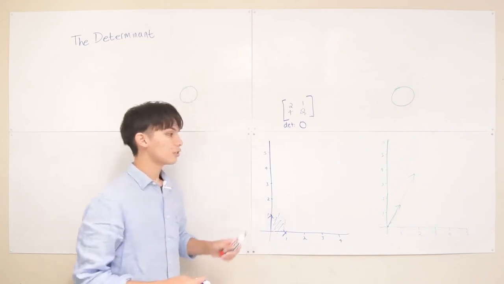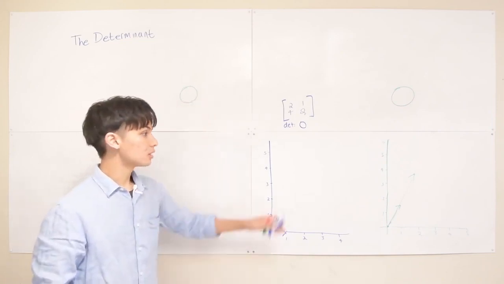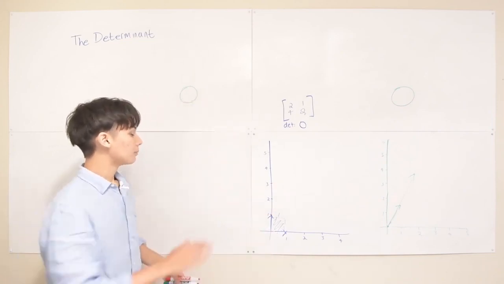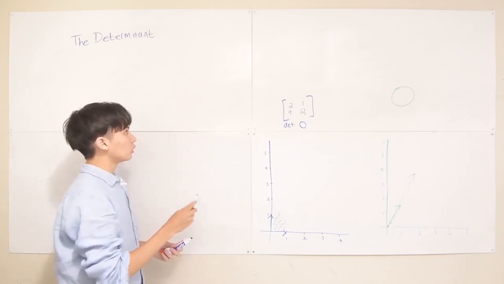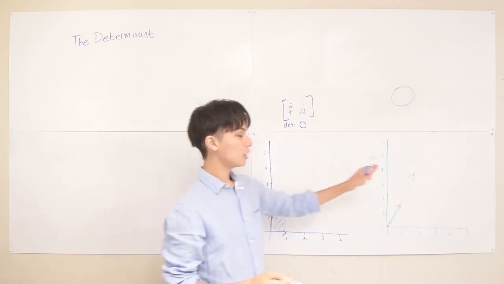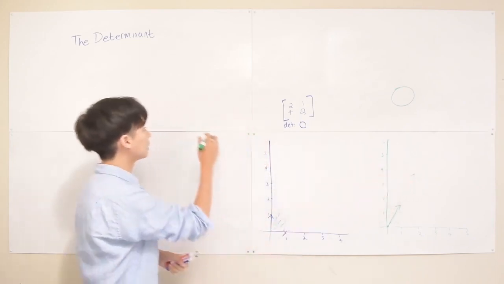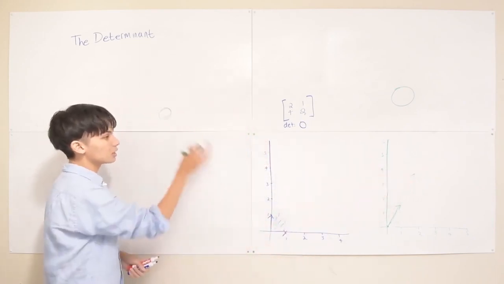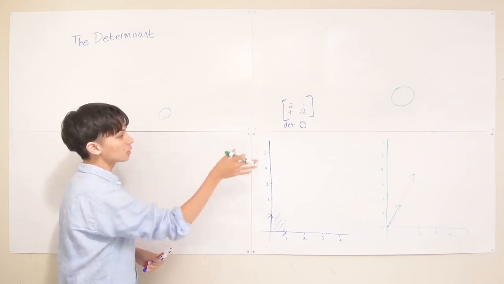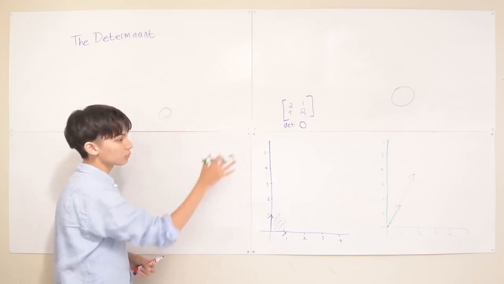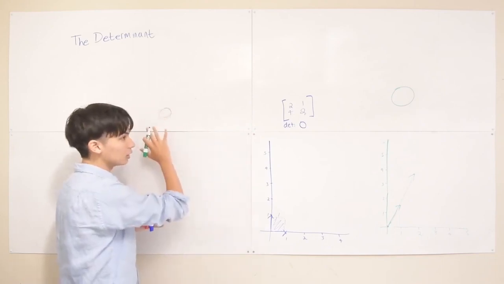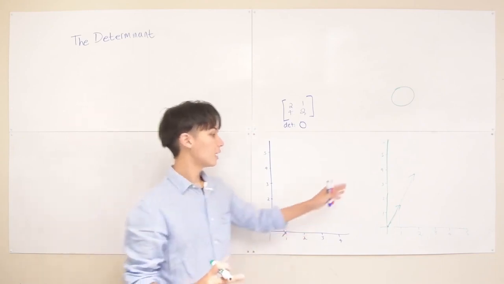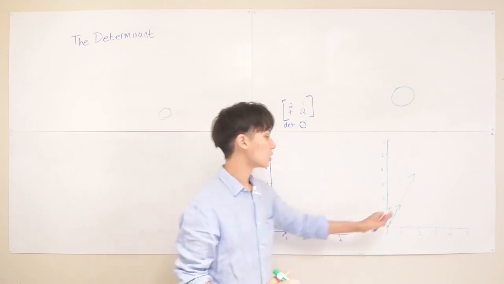And since linear transformations have to be consistent everywhere, some circle, I guess the same circle over here, would have to become a line over here, because all areas in this space have to be scaled equally. It doesn't matter where you are in this plane, they have to be scaled equally. So that means everything here will become a line, and more specifically, it'll actually go onto this same line.